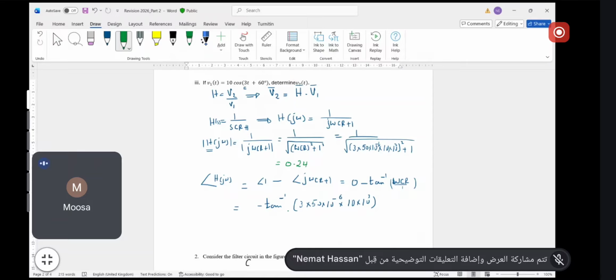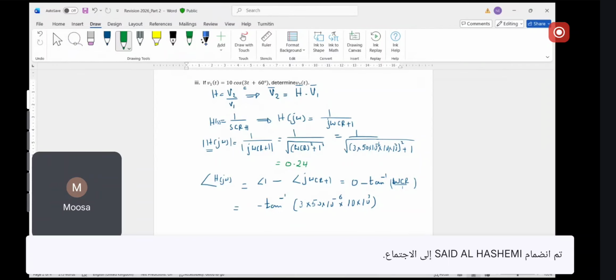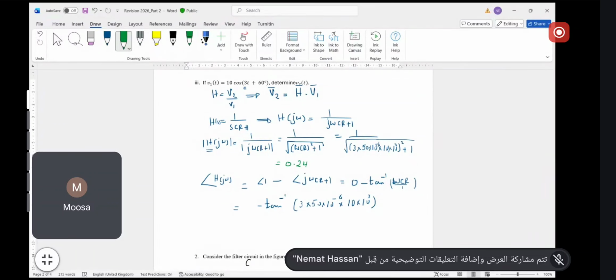Minus means minus 56. We're getting conflicting answers, and I forgot my calculator. It's okay. 3 times 50 times.